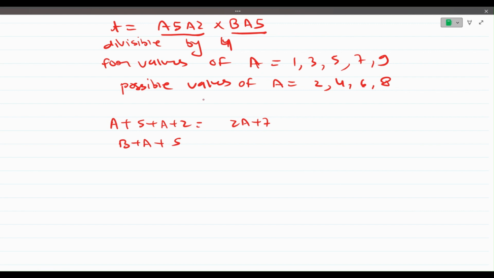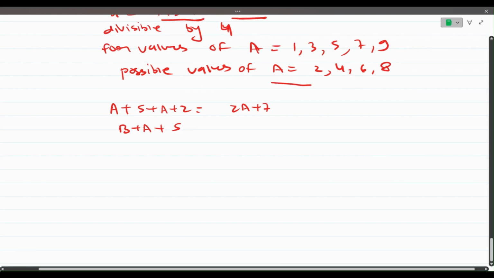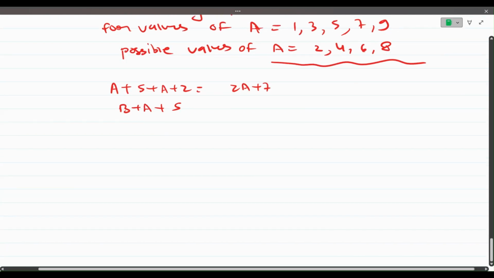So these are two parts. Because there are four possible values of A, we consider each value one by one.